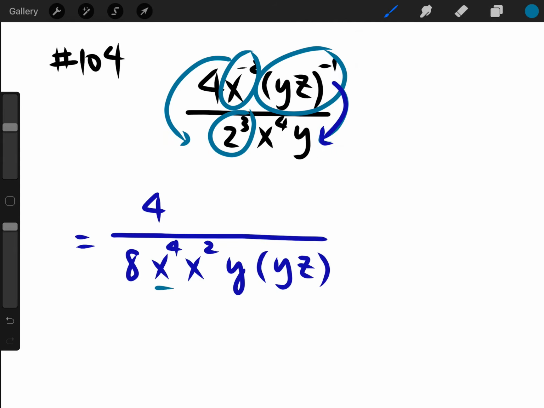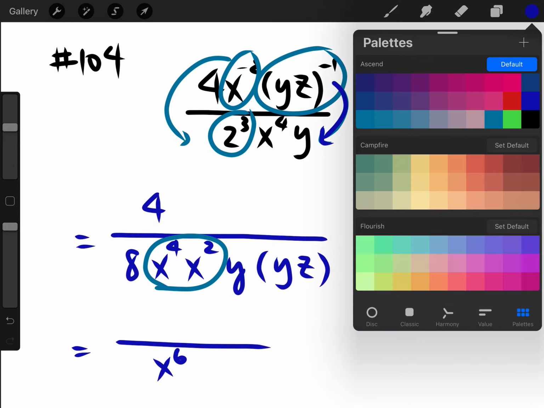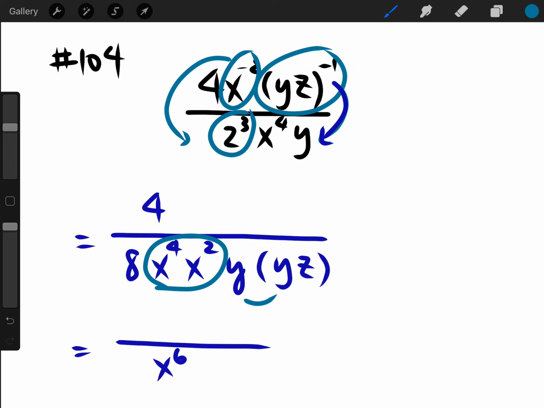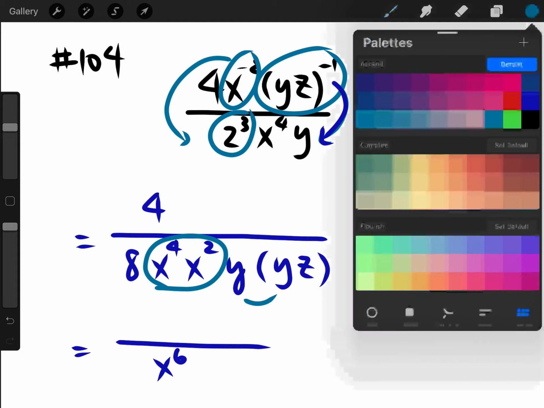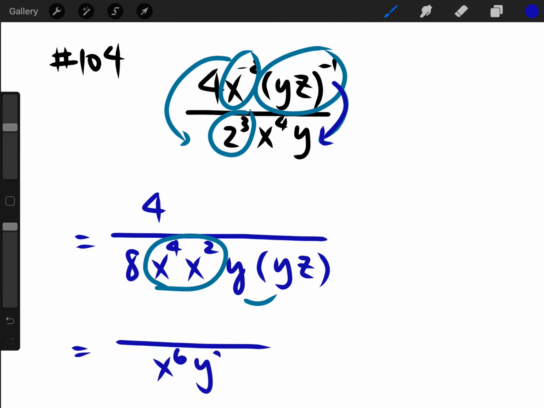You've got x to the 4th times x to the 2nd power. You're going to combine 4 and 2, that's going to be x to the 6th power. You can combine the y and y, so it's y to the first power times y to the first power, which is going to be y squared. And then z, just leave it like that.